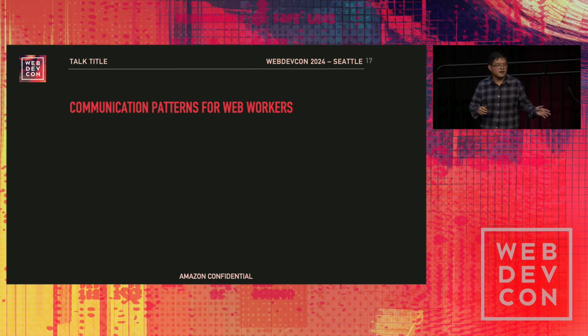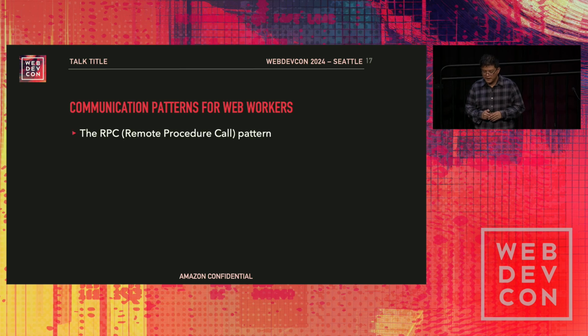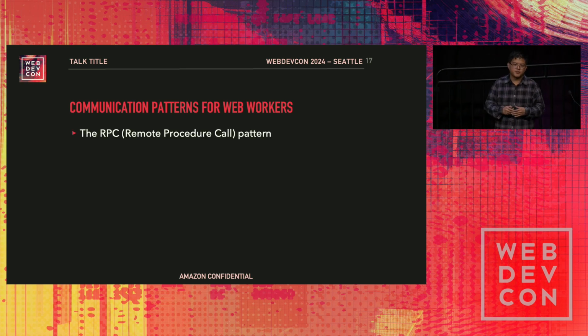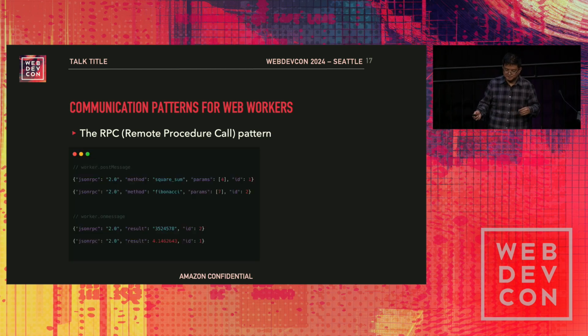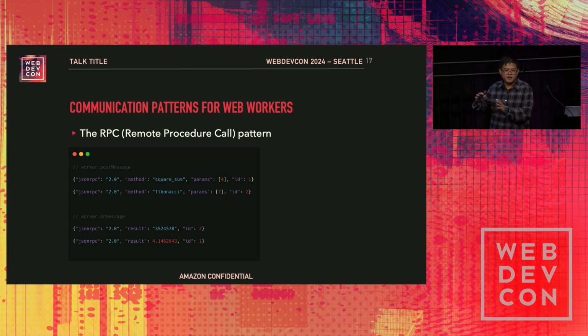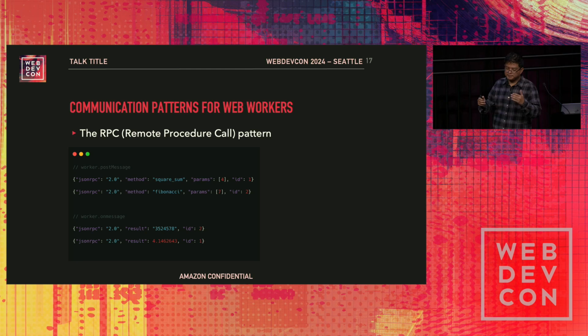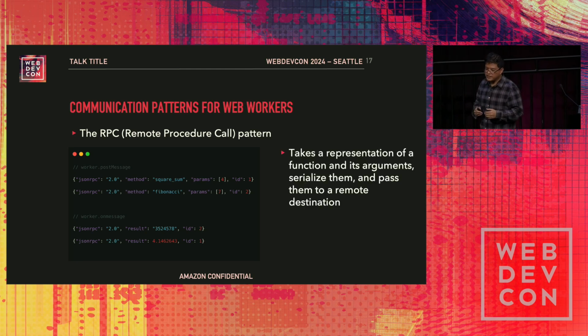So there are two communication patterns that we're going to see when sending that information into the web workers. The RPC, the remote procedure call pattern, and that's basically putting as a parameter in a JSON structured format the function that we're trying to declare.